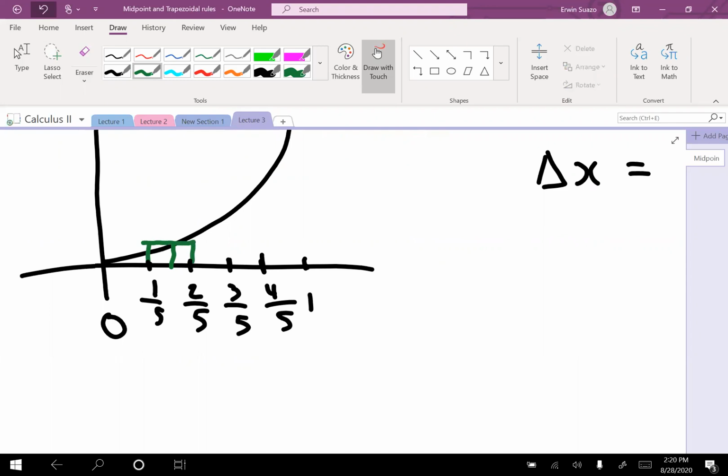So I shoot in the middle, and that's how high my horizontal line goes, and that's my interval. So I shoot in the middle, and then this is how high my interval goes.